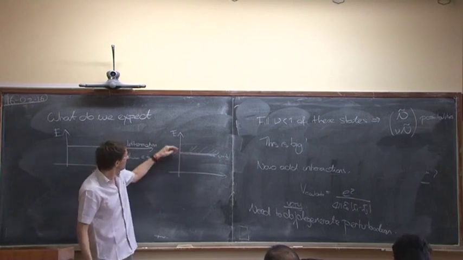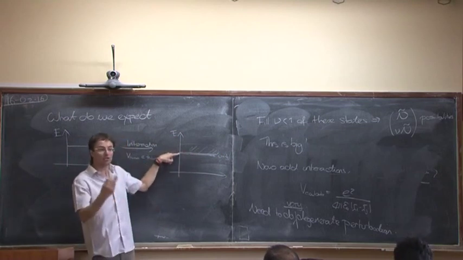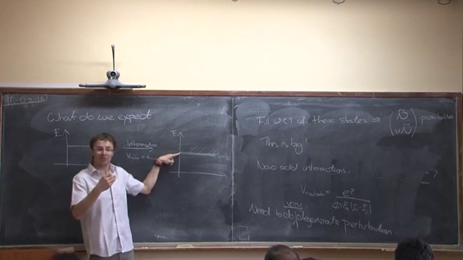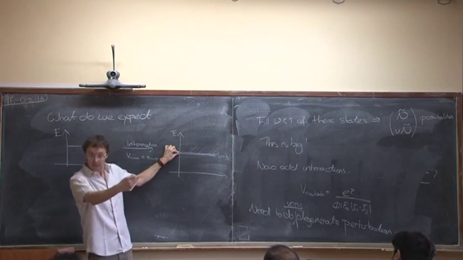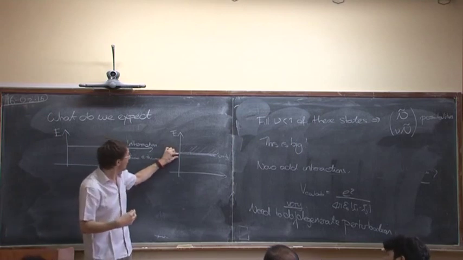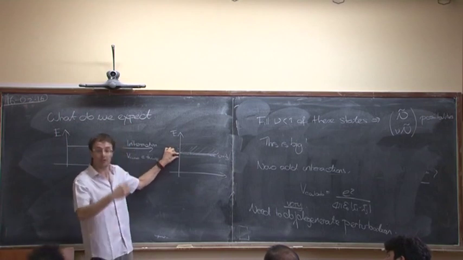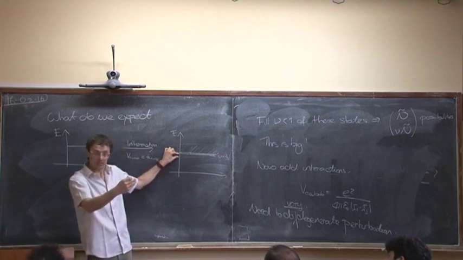Well, we'd fill up to here, and then we're very much in the situation we were in with the integer quantum Hall effect. There's going to be a gap to excite the next particle. We'd have exactly the right quantization because we filled up 1/3 of these states.